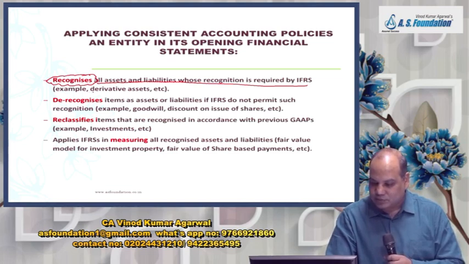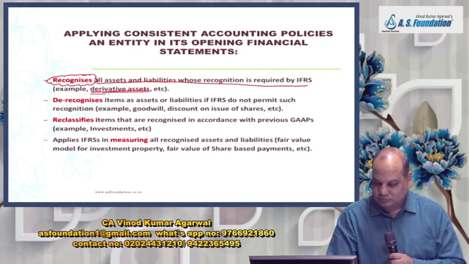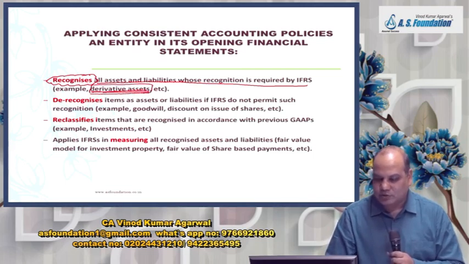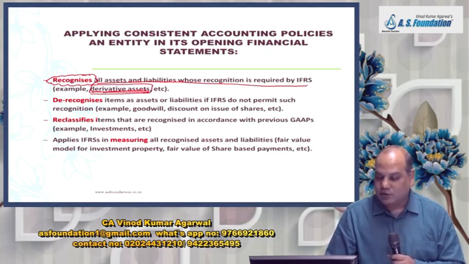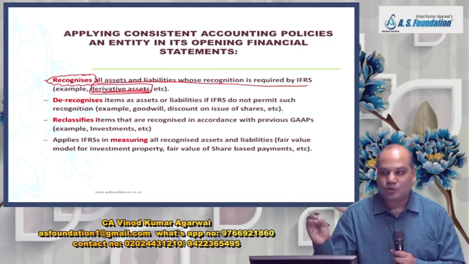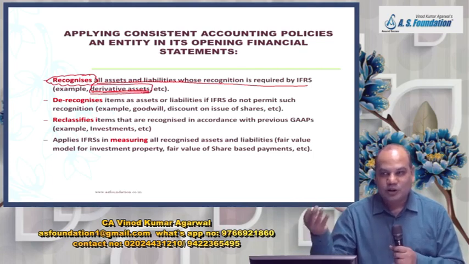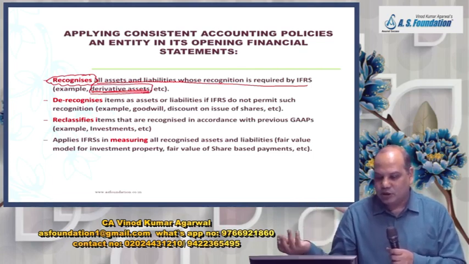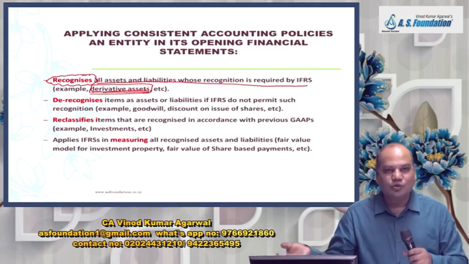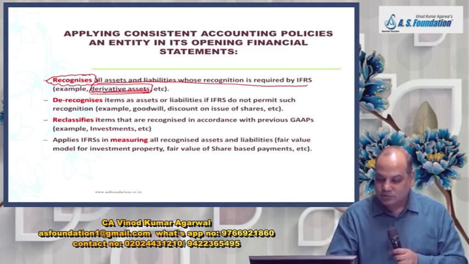For example, in many GAAPs, derivatives are not recorded on the balance sheet because derivatives are just contracts. And if it is a forward contract where no amount is paid to enter into the contract, many companies think why there is a need to disclose it as an asset or a liability.